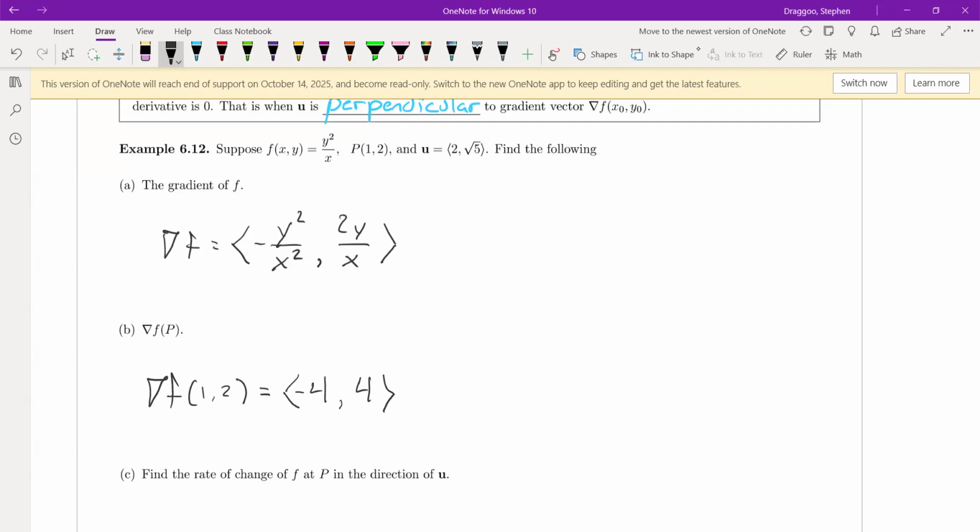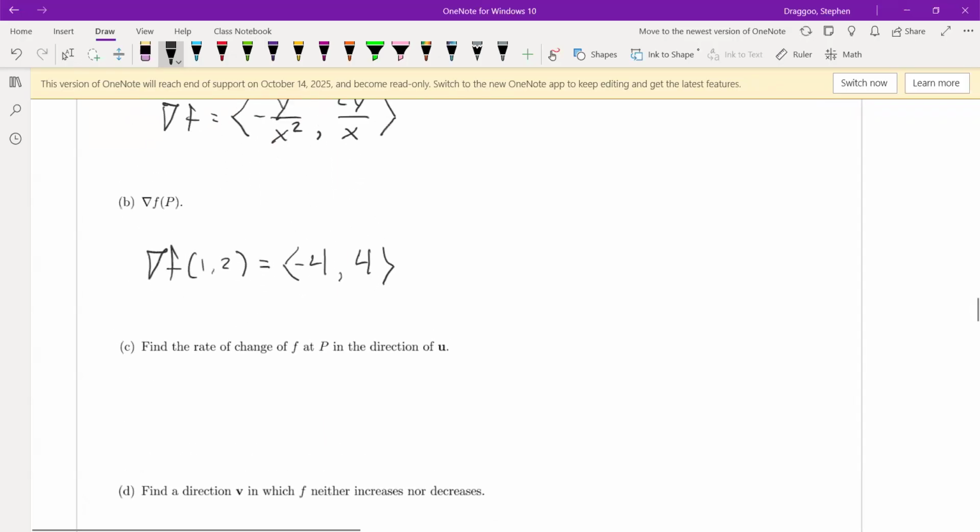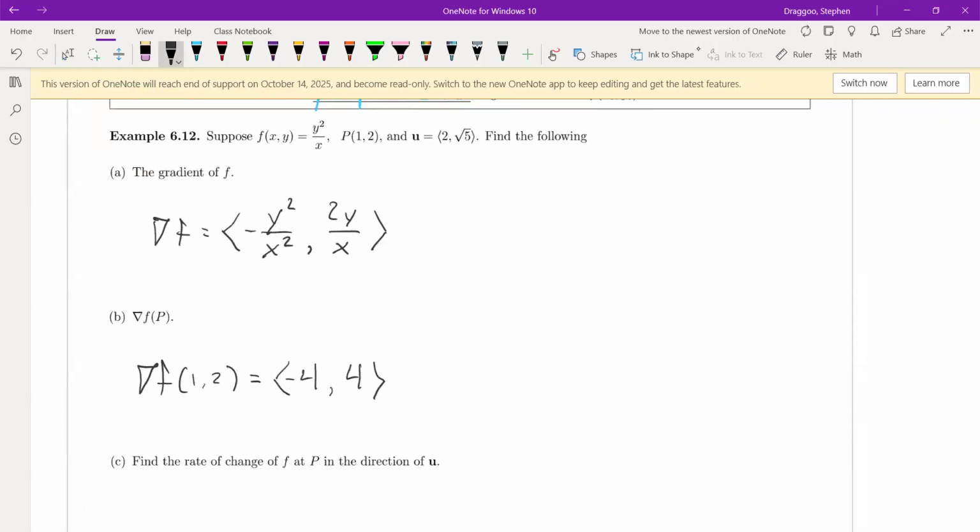Plug that stuff in. So to find the rate of change of f at p in the direction of u, I need a unit vector. So let me go get that real quick. The magnitude of u is going to be the square root of 2 squared, which is 4, plus root 5 squared, which is just 5. 4 plus 5 is 9, and the square root of 9 is 3.